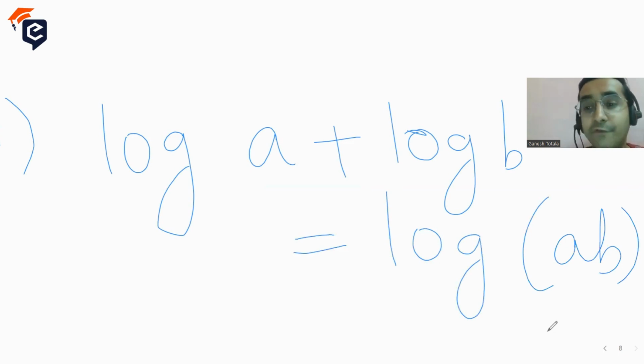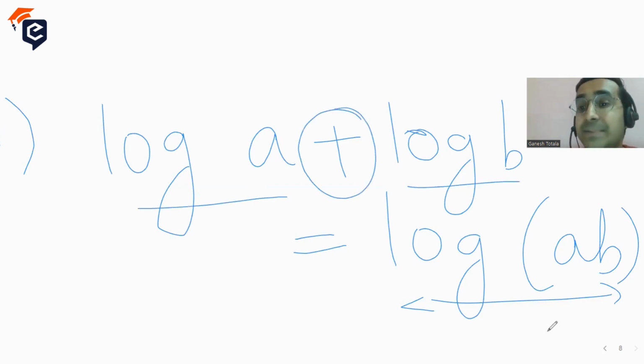So the first law, also called the addition law, states the log of the product of two numbers is always equal to the addition of the respective logarithms.